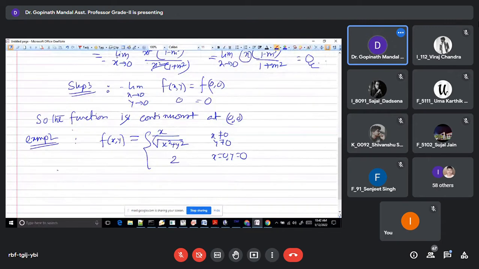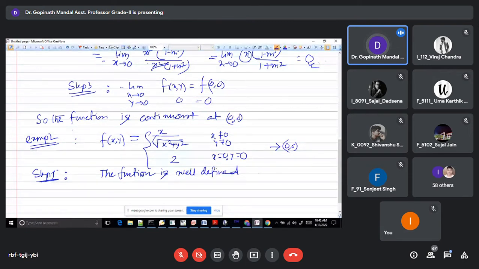Step 1: the function is well defined at the point (0,0). So we have to check the continuity at the point (0,0). Step 2, find the limit.